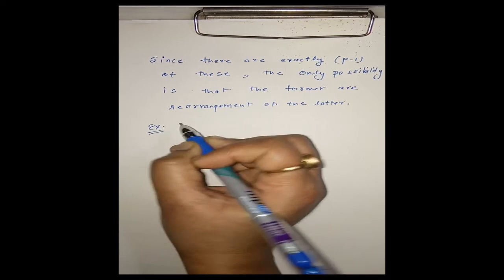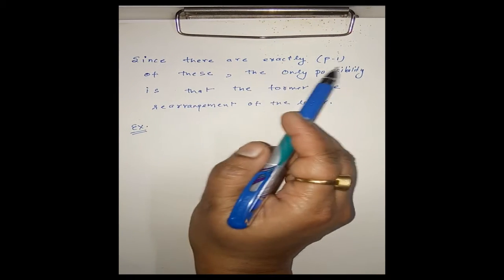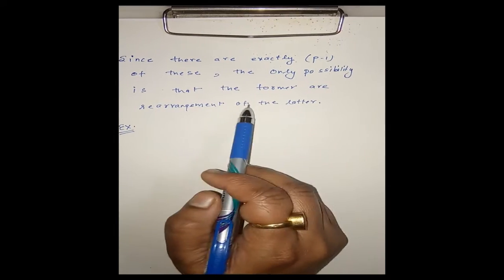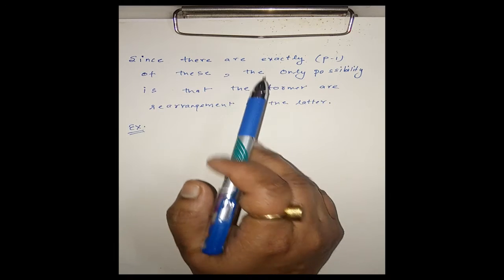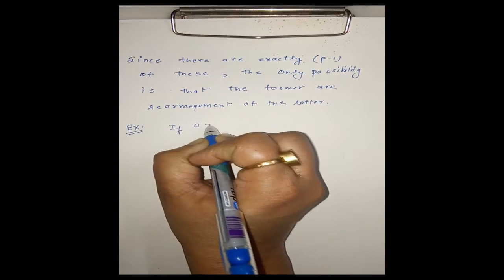Let us first understand up to here what I mean to say. Since there are exactly p minus 1 of these, the only possibility is that the former are a rearrangement of the latter. Let us understand this with an example.